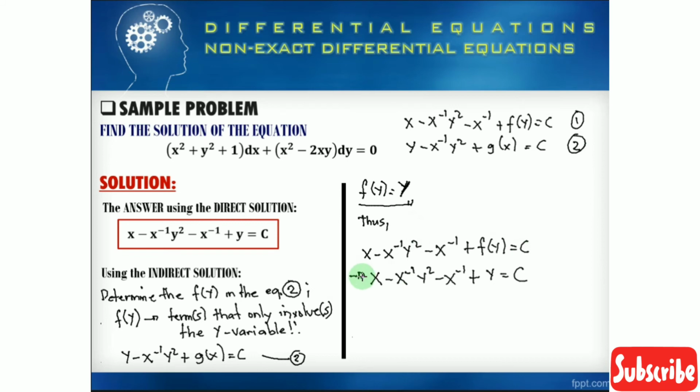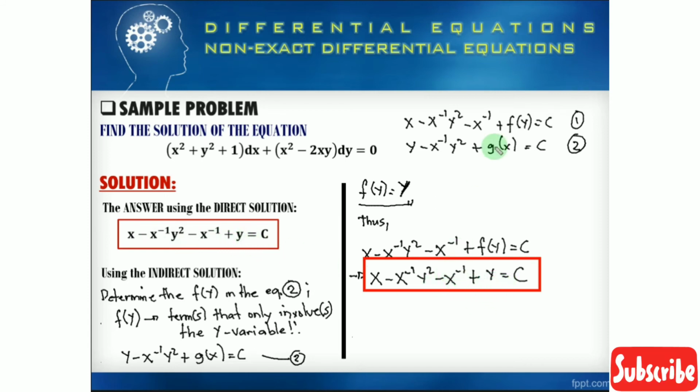So this will be our answer using the indirect solution. Take note that they are the same as this x minus x raised to the negative 1 y squared minus x raised to the negative 1 plus y is equal to c.